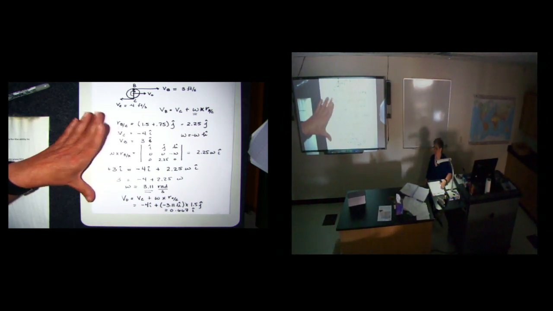Okay. So the first thing I'm going to do is we are given some information. We're given that VA is 20 meters per second. We don't know what VC is, and we don't know what VD is, but we can actually do some things to get there.